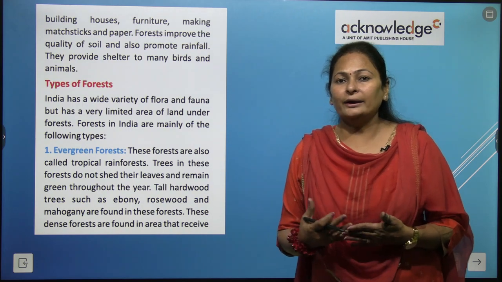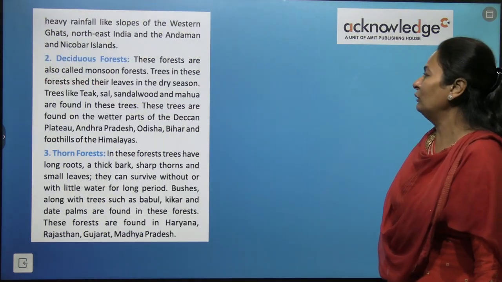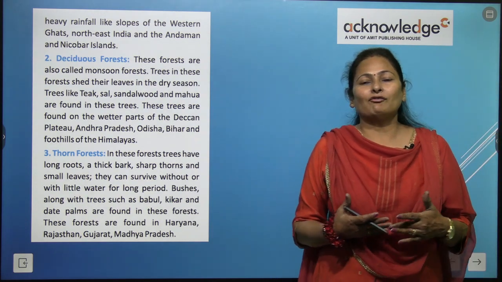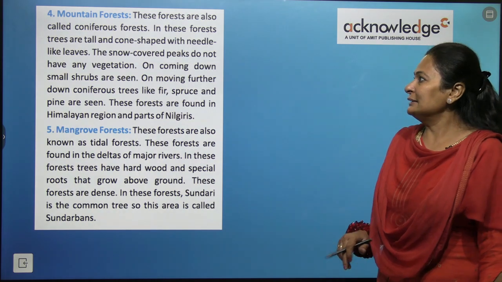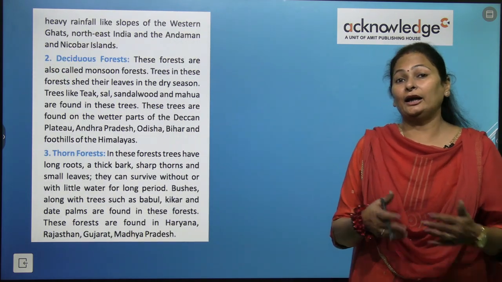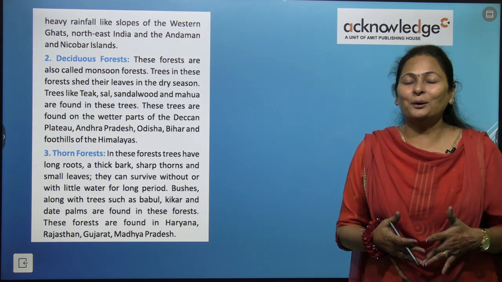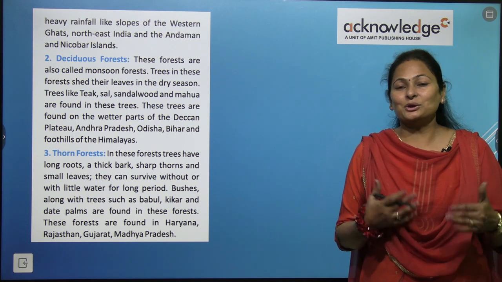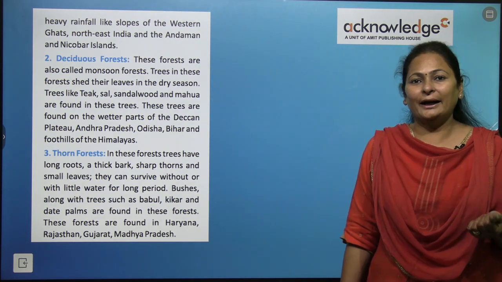And these forests are very dense, and you'll find these kinds of forests in the Western Ghats and northeast area, and also in the Andaman and Nicobar Islands, right? So have you understood what evergreen forests are, kids?